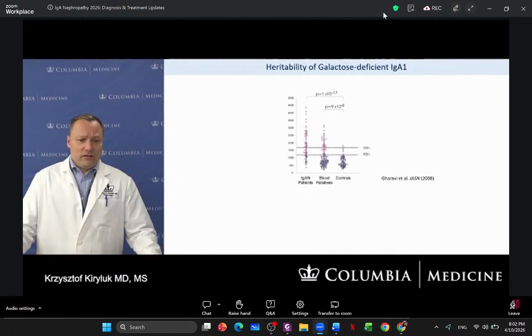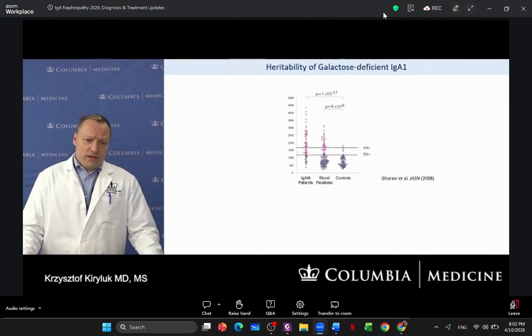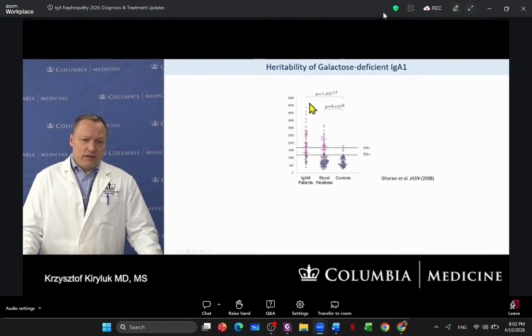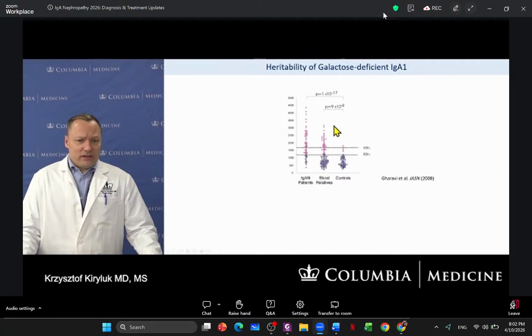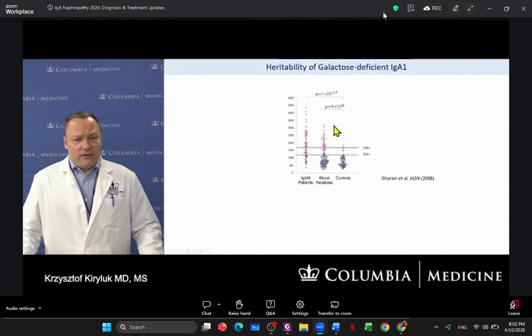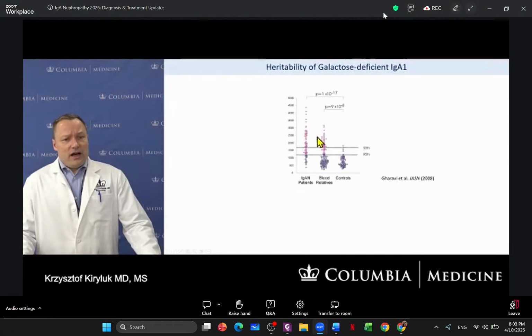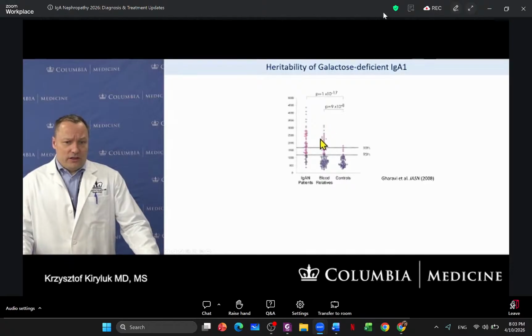And what he observed was that, he confirmed that patients with IgA nephropathy have high levels of galactose-deficient IgA1, but their blood relatives, actually about 30% of their blood relatives, also had very high levels of GAL-deficient IgA1, despite not really having any evidence of kidney disease.